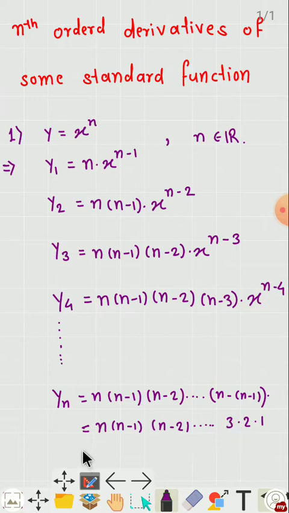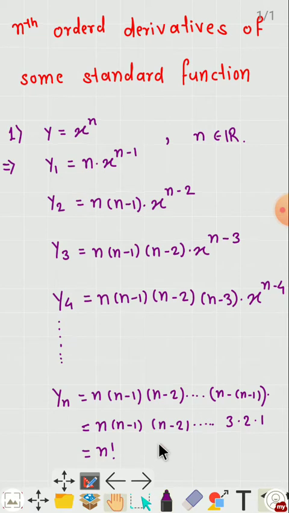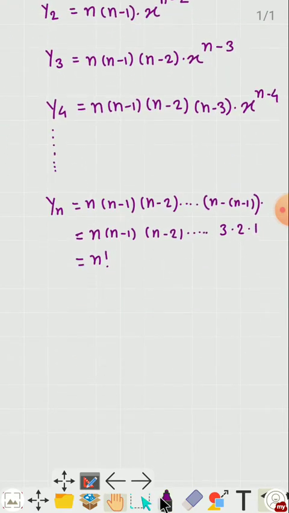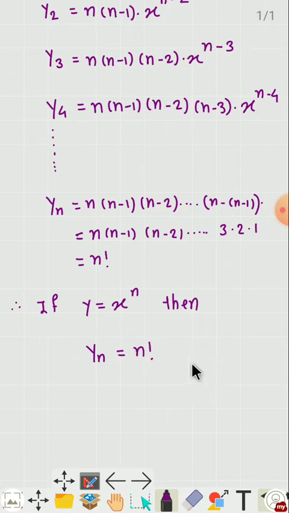Can we write this as n factorial? So we have a formula: if y is equal to x raised to the power n, then yn, the nth order derivative, is equal to n factorial.